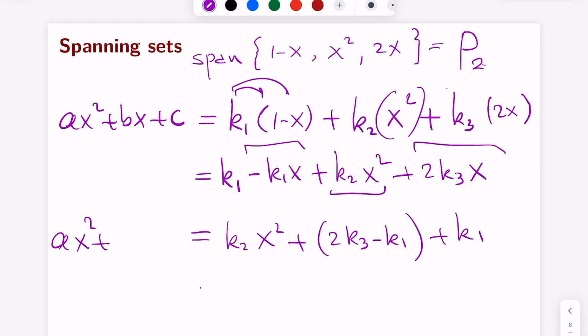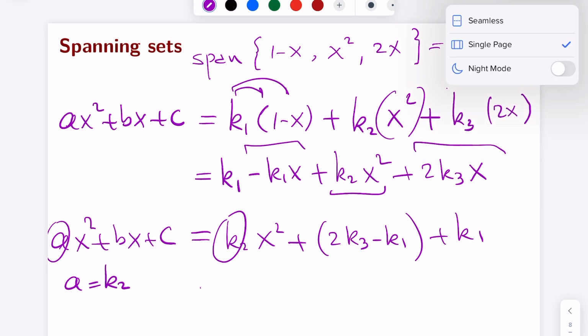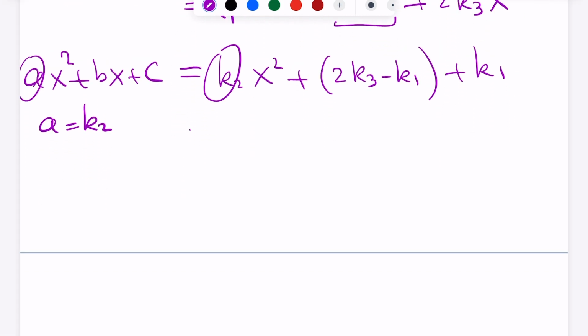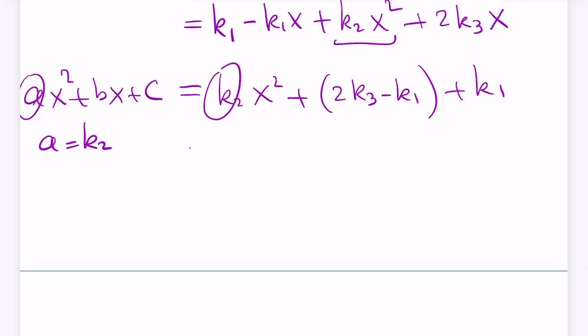So what we have is that a generic polynomial like this is written in this way. So for that to happen, a should be equal to k2, and b should be equal to all this, 2k3 minus k1, and c should be equal to just k1.